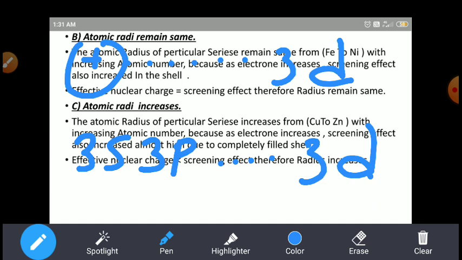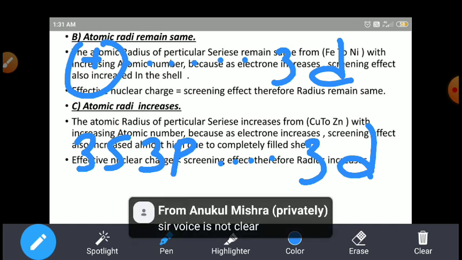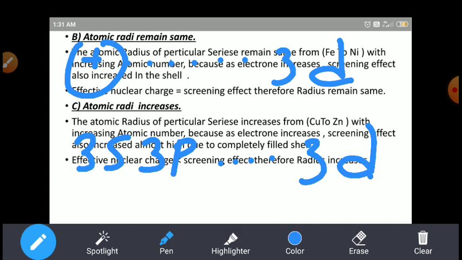Hello students. Hello students. Voice is not clear.